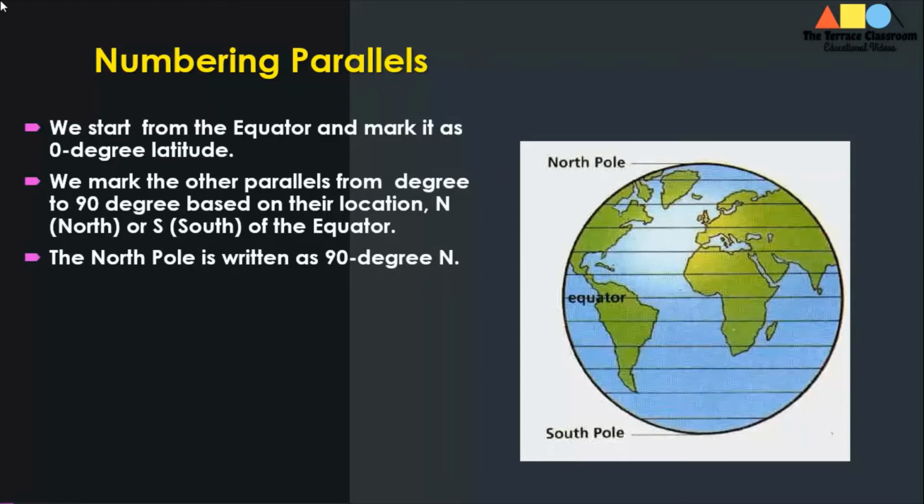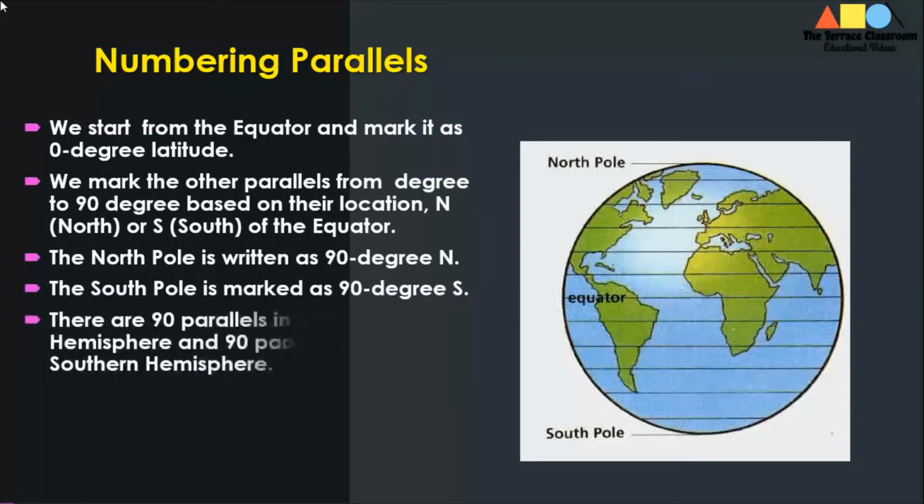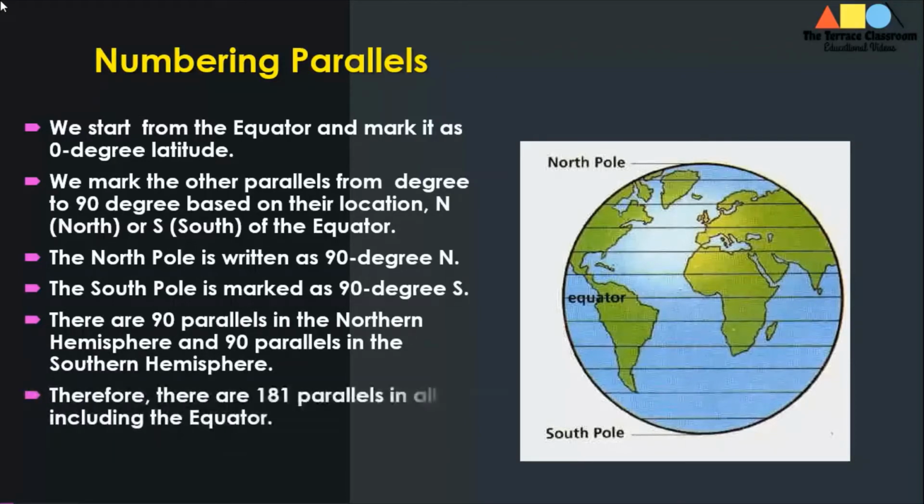Remember, the North Pole is written as 90° north and the South Pole is written as 90° south. There are 90 parallels in the Northern Hemisphere and 90 parallels in the Southern Hemisphere. Therefore, there are 181 parallels in all, including the equator.